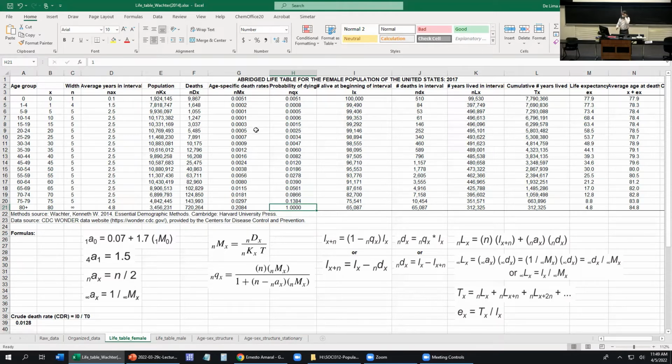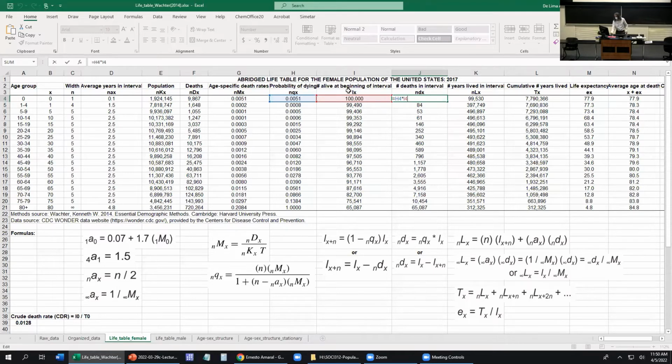Now we can do the same exercise that we saw in the textbook. We apply the radix for this life table. How many people will be born and subject to these probabilities of dying? 100,000. We multiply 100,000 by this probability and get the number of people dying. The number of people dying is the probability of dying multiplied by the number of people who survived to the beginning of that age group.